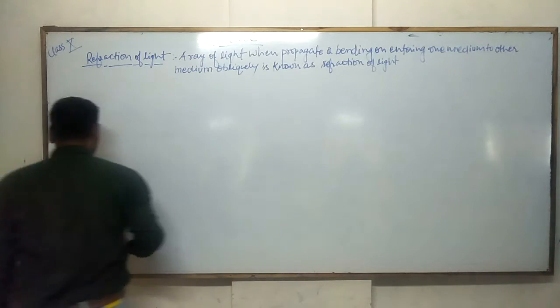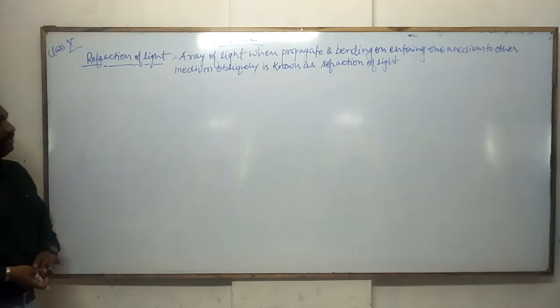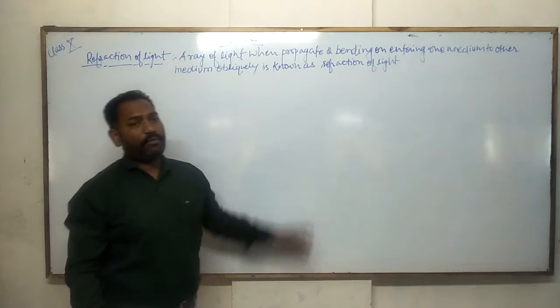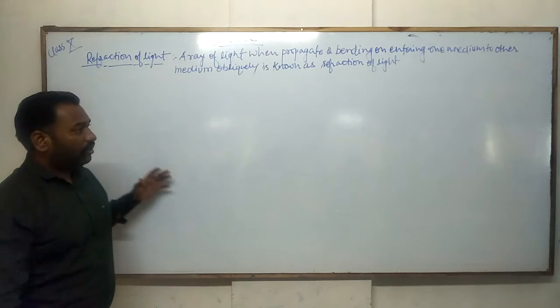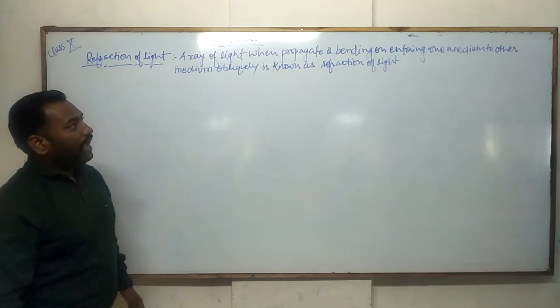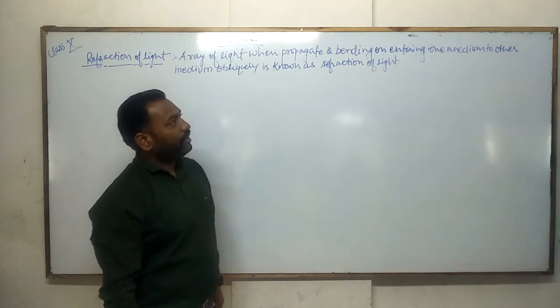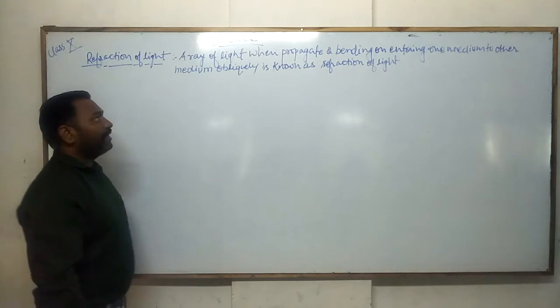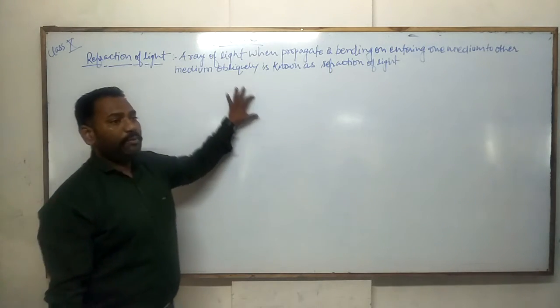So what is the definition of refraction of light? When a ray of light propagates, meaning it goes from one place to another, it bends on entering from one medium to the other medium obliquely. Obliquely means making an angle.